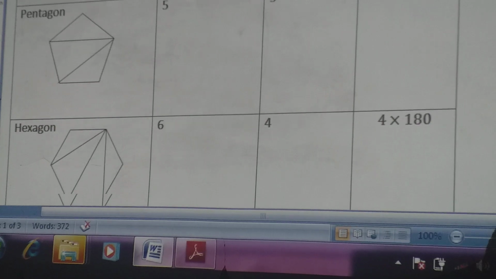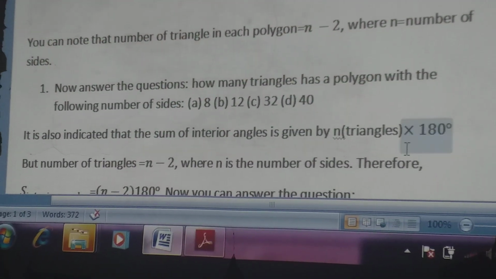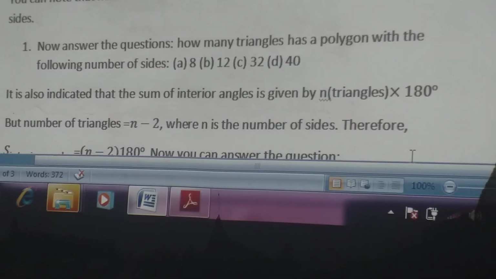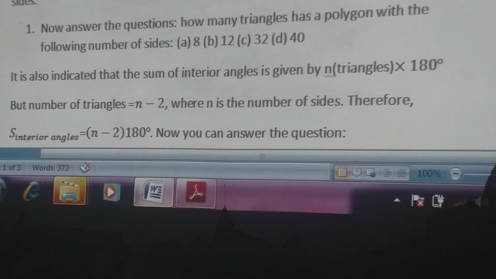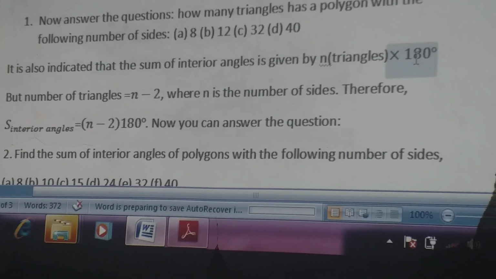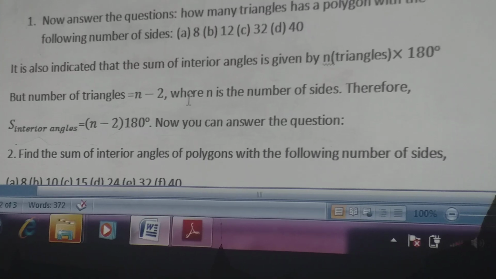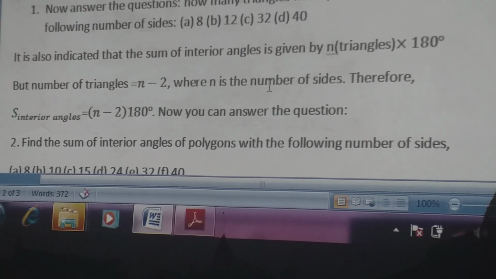So we can write down an expression for the sum of interior angles of a polygon as the number of triangles times 180. But we know that the number of triangles is equal to n minus 2, where n is the number of sides.